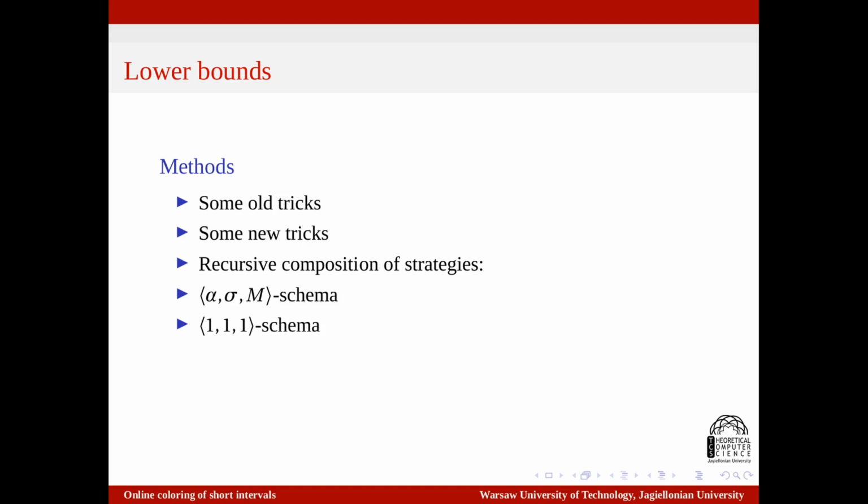So there's a very simple 1-1-1 schema. So 1-1-1 schema is just a strategy that for any omega puts omega unit intervals in one place, and you can see that it forces any algorithm to use exactly omega colors, and sigma is 1, and these intervals span only length 1.